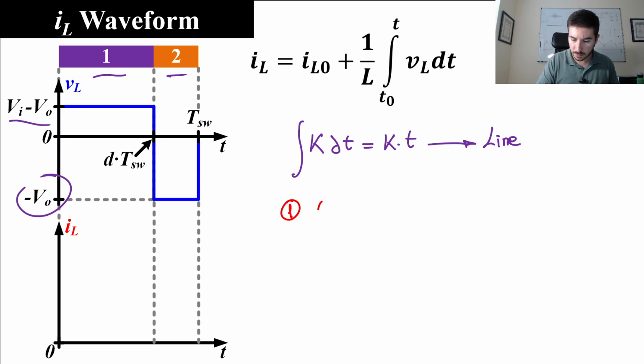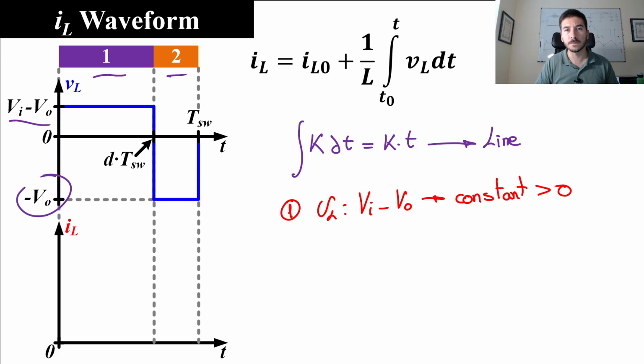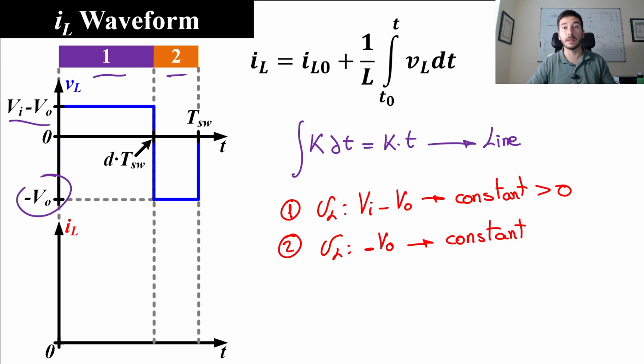In state 1, VL is VI minus VO, a positive constant value. In state 2, VL is minus VO, a negative constant value. Remember, VI is higher than VO. VO is a positive value, so minus VO is a negative value.